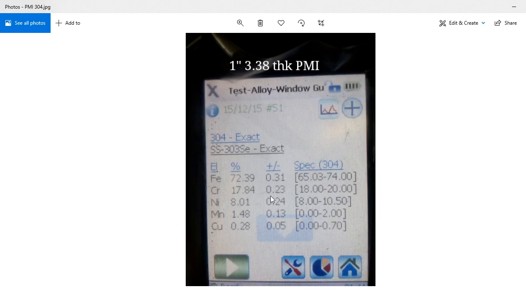So by such advanced techniques, quick results are possible, and immediately, without taking any sample, making any scratch on the material, or cutting the material, we are able to check the chemical composition.